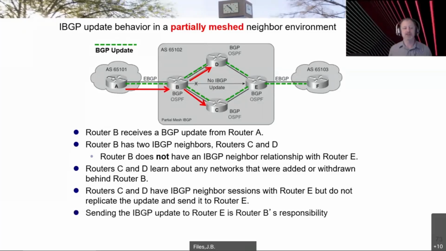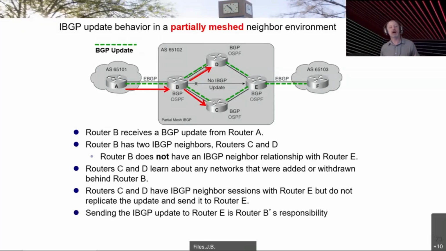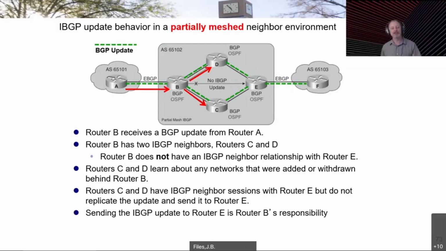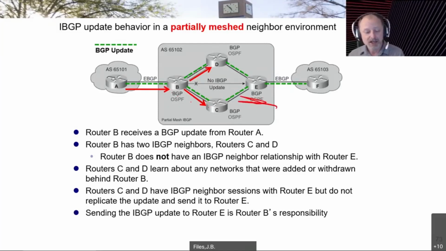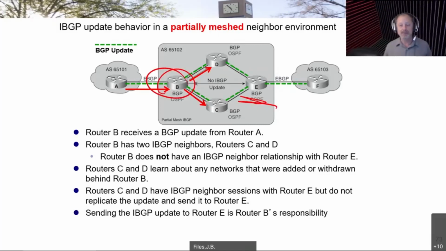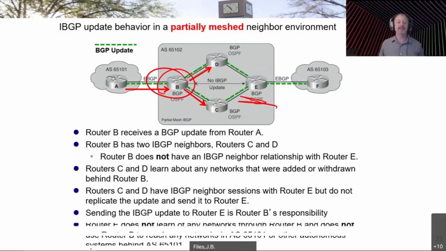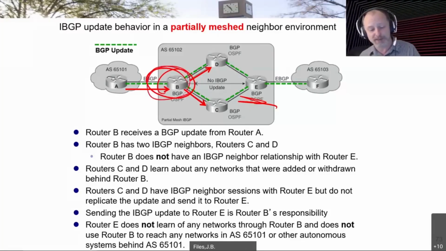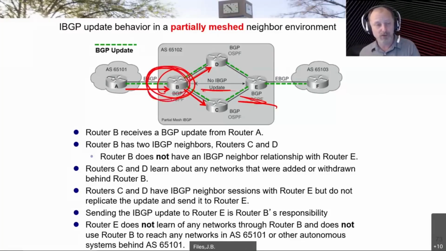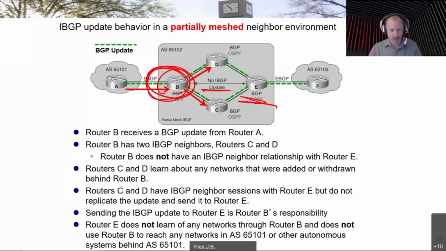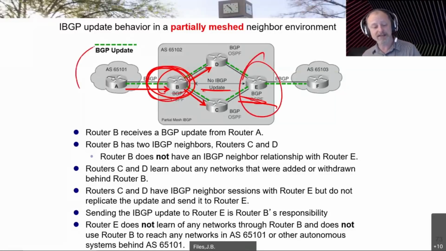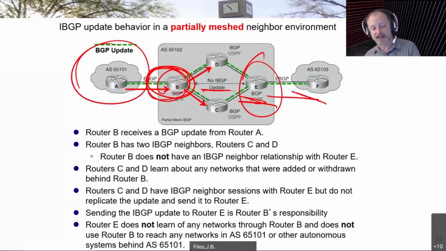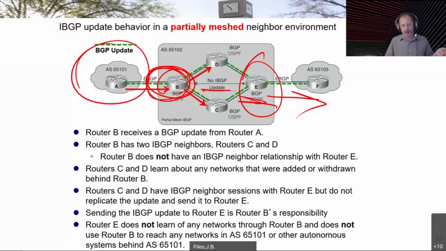Sending the iBGP update to router E should be router B's responsibility. Which basically means router E is not going to learn about any networks from B because it doesn't have any relationship, which means router E is never going to learn about these networks and it's not going to be able to advertise those if we want it to.